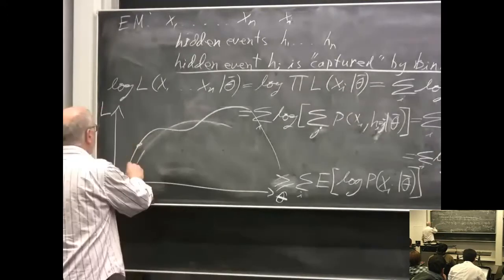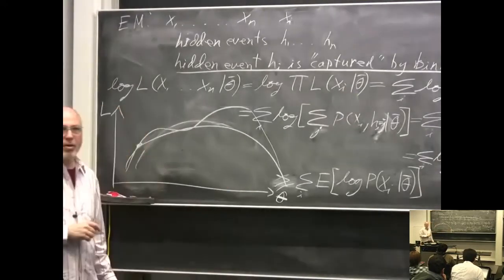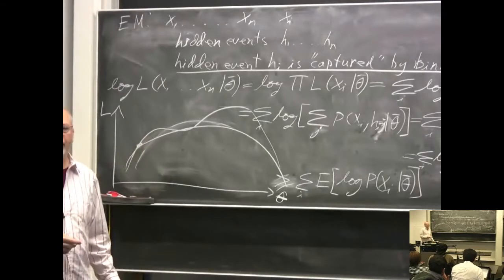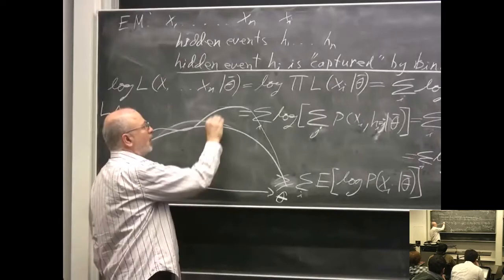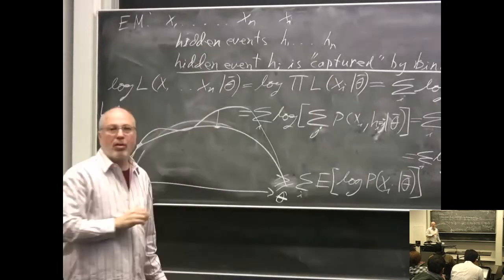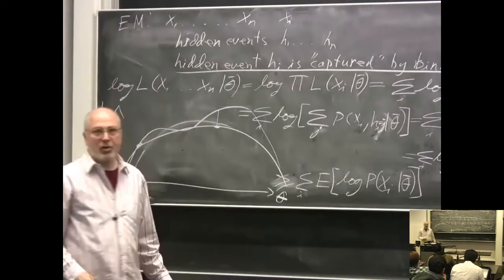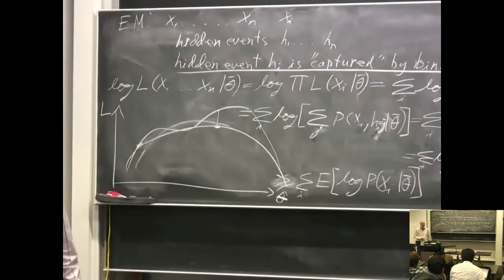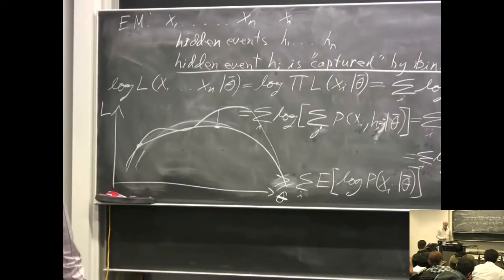And it's going to be convex so that we can find its maximum. We find its maximum, and then we go to the actual likelihood function and put another one there, and so forth. So it all comes out of Jensen's inequality, specifically applied to log.